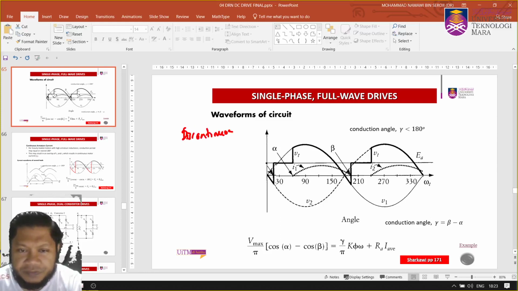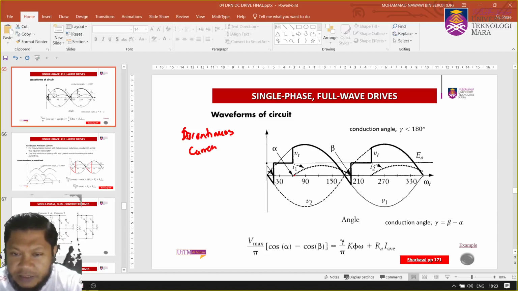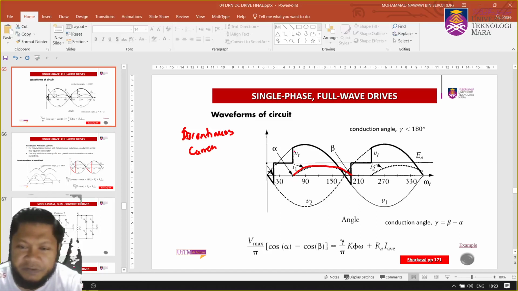If you look at the current again, it is discontinuous, so it will stop at that particular point. Similar to the previous explanation, whenever the current is zero, there is no current flow.